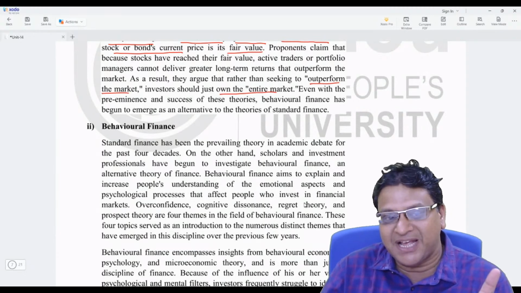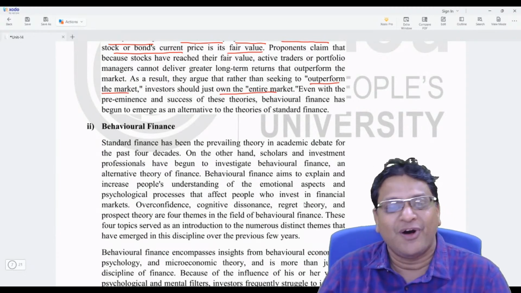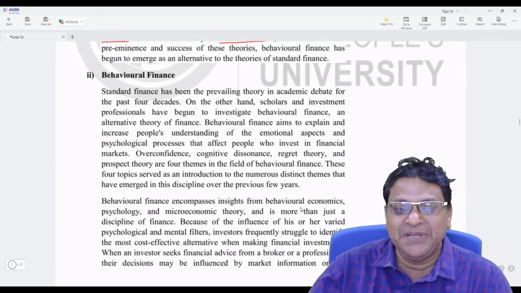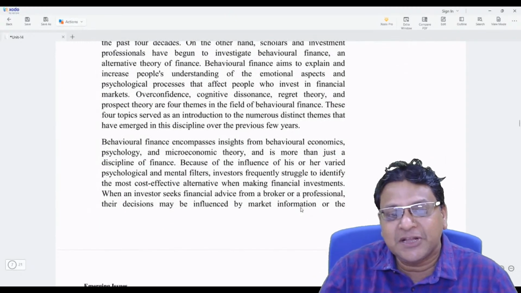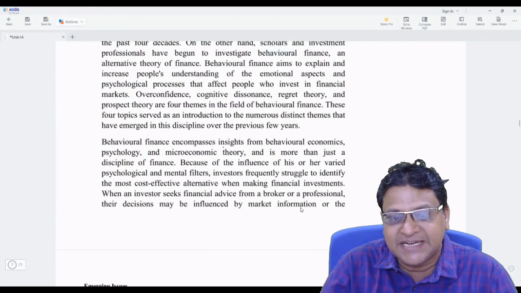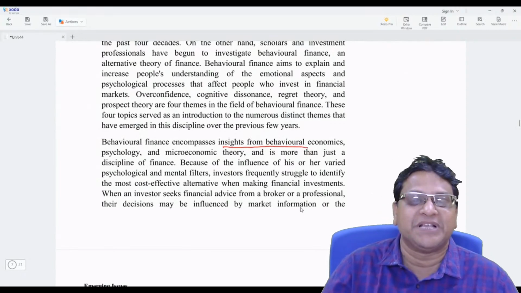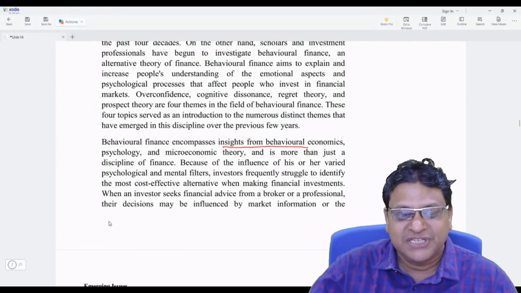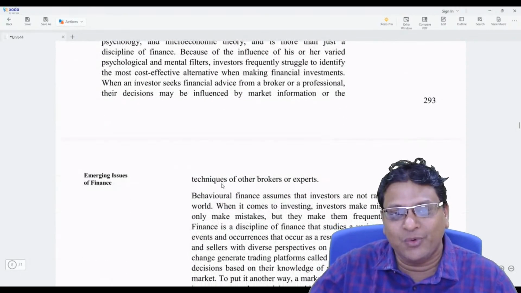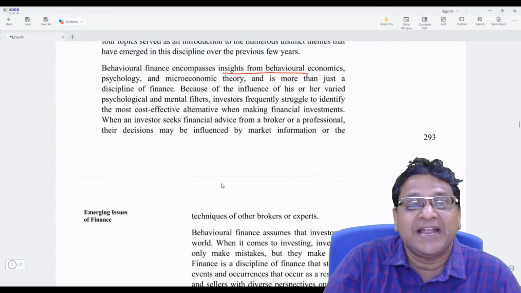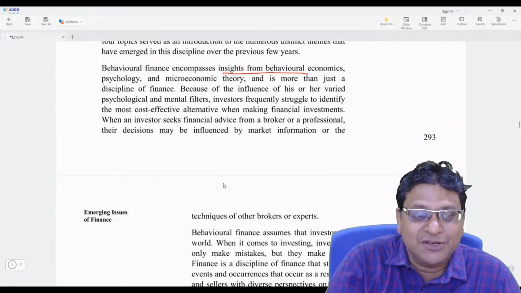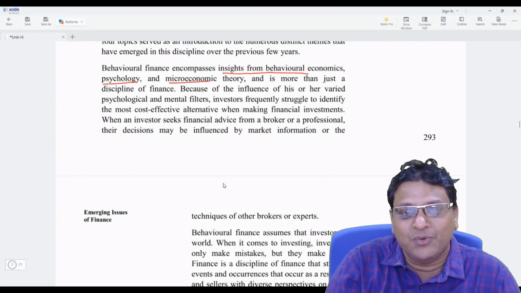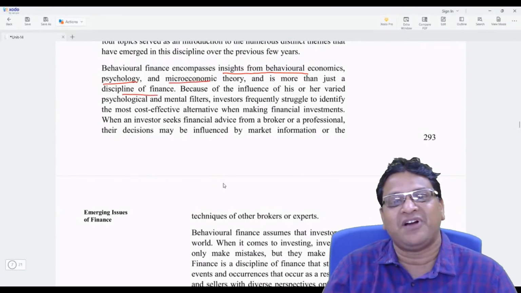But behavioral finance is just the opposite of traditional finance. Behavioral finance encompasses insights from behavioral economics. It is the application of psychology and microeconomic theory to the discipline of finance.